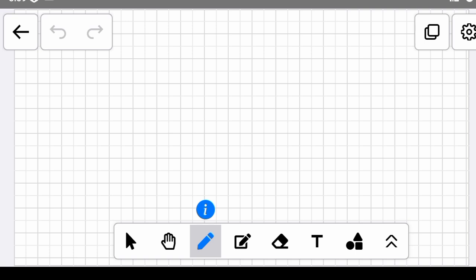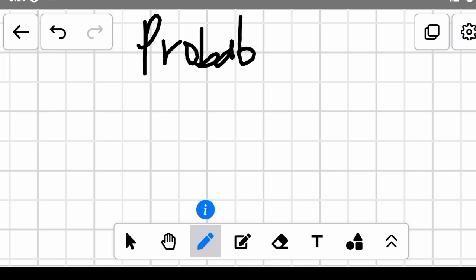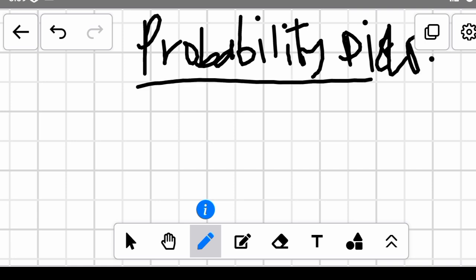So what do we understand by probability distribution? This is talking about some random event, and the distribution of the probability of some event.